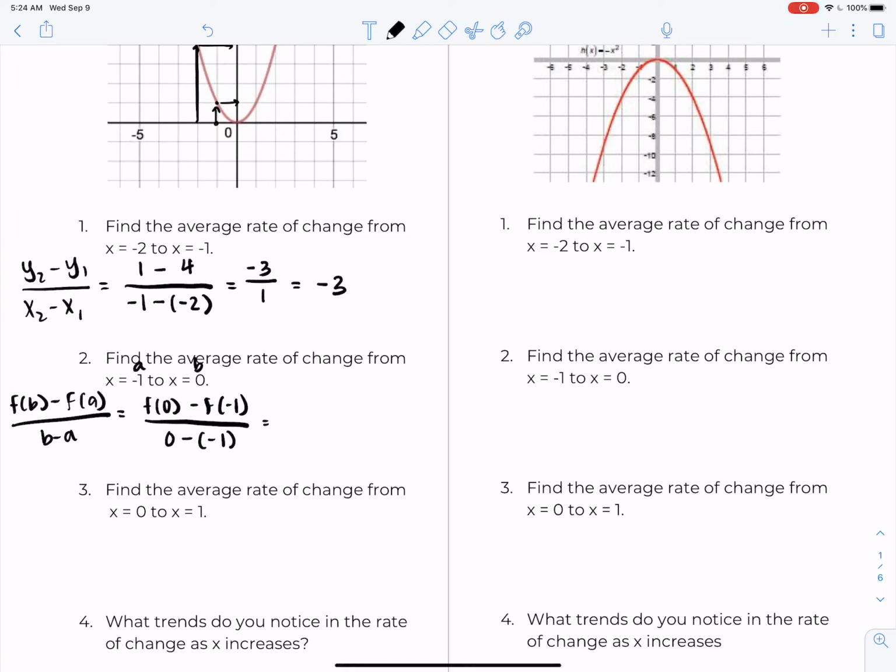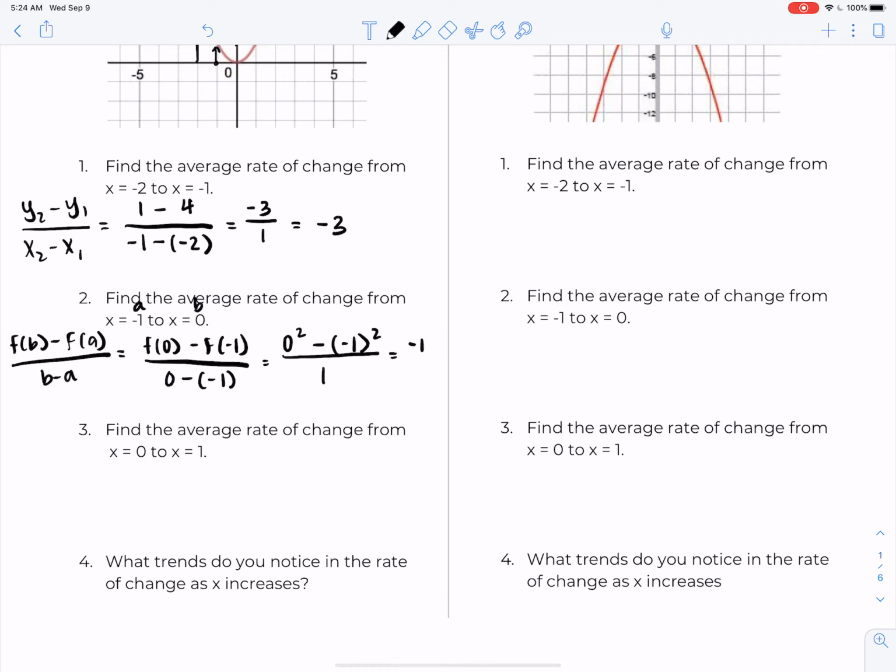Because if we look up here, our function is x squared. So 0 squared minus negative 1 squared over 0 minus negative 1, which is just 1. 0 squared is 0, negative 1 squared is 1, so there's going to be negative 1 over 1, which is just negative 1.